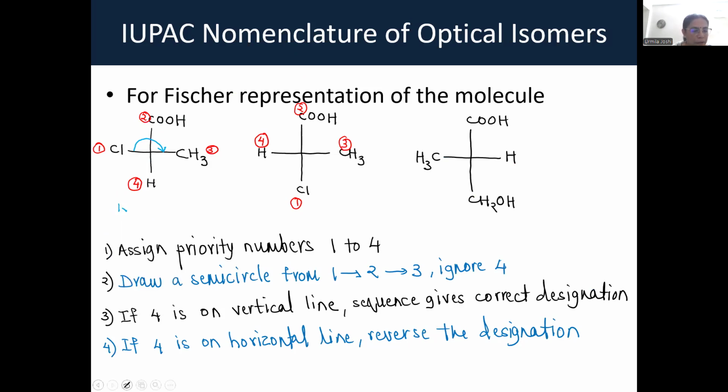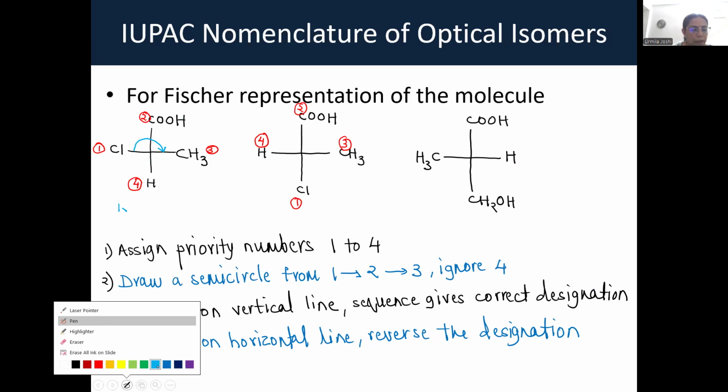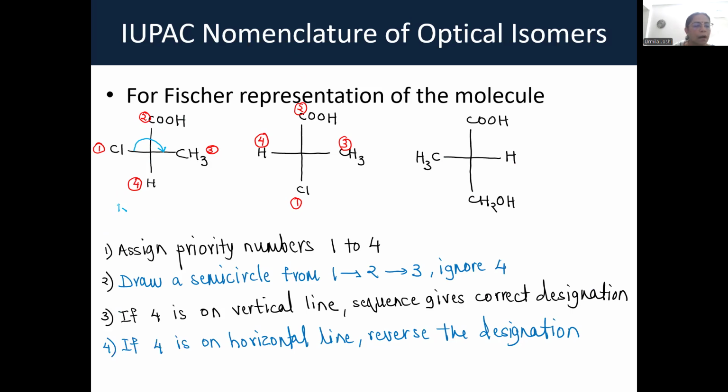It is going to be R-2-chloropropanoic acid. Now we will see what if this is on the horizontal line. Assigning priority numbers is done. Go from 1 to 2 to 3. That time ignore the existence of 4. 1 to 2 to 3.